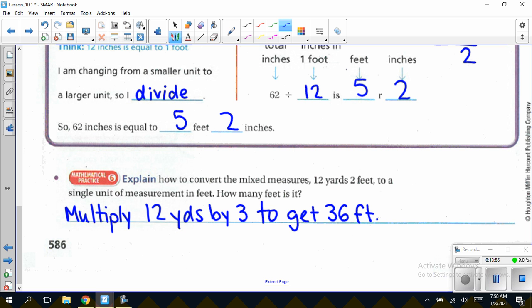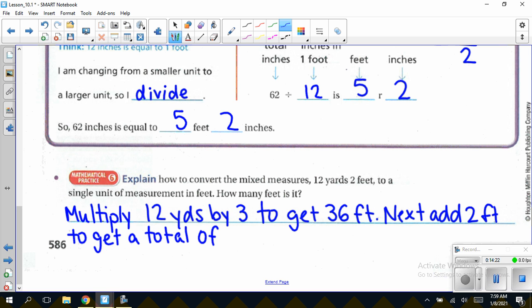I'm not done yet, however. Next, I need to add the additional number of feet. So add 2 feet, and that will give you a total of 38 feet, because again 36 plus 2 is 38.